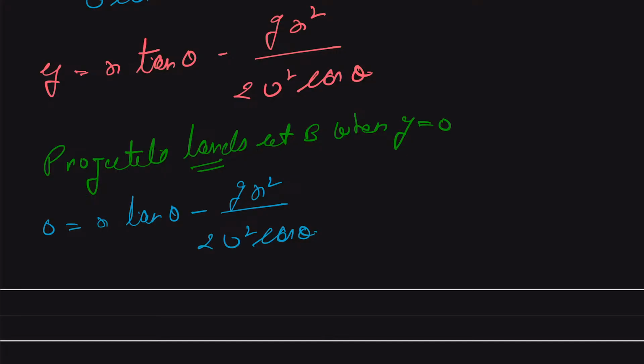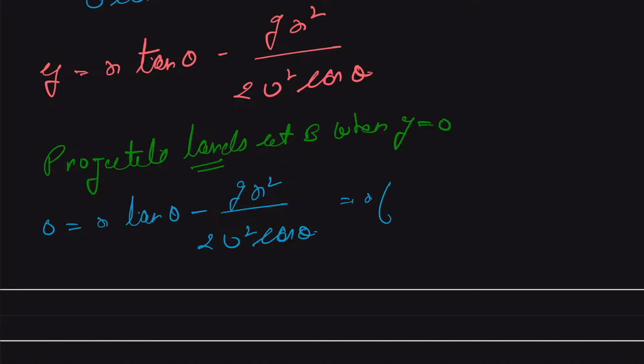And so in this case we can solve it further, and we can take x as common, and x cannot be 0.